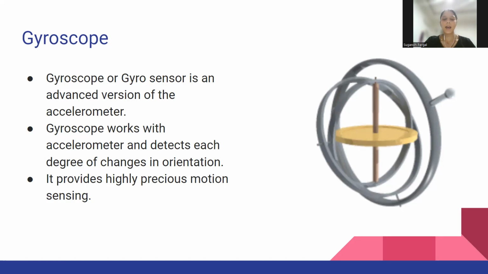But the gyroscope works with the accelerometer to detect the degree of change in orientation: whether you are moving, in which direction you are moving, and along how many degrees you are moving. It provides highly precise motion sensing data for the further processing involved.